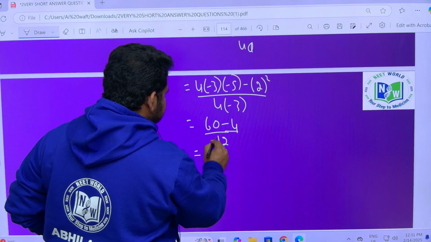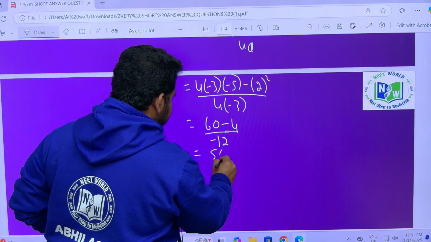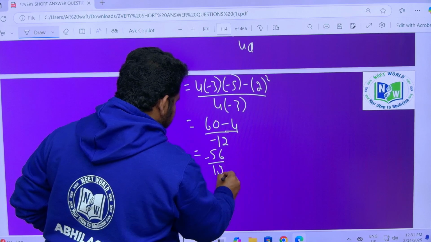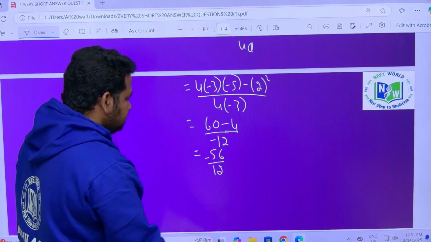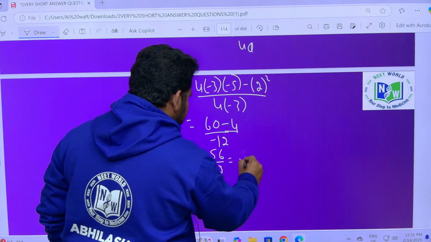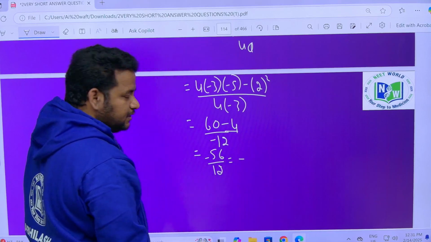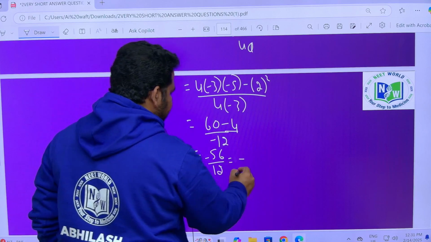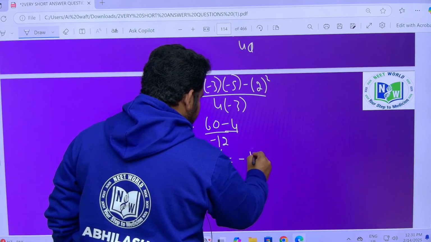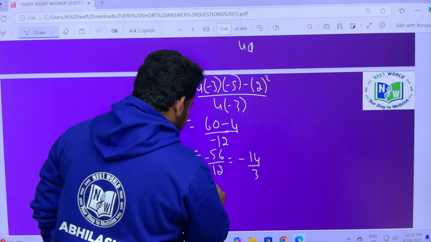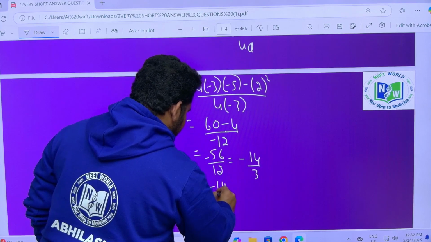So this will be what, friends? 60 minus 4 is 56 by minus 12. So that will be equal to what? If I divide by 4, 14 4s are 56. This will be 14. This will be 3. So the value of this will be 14 by 3.